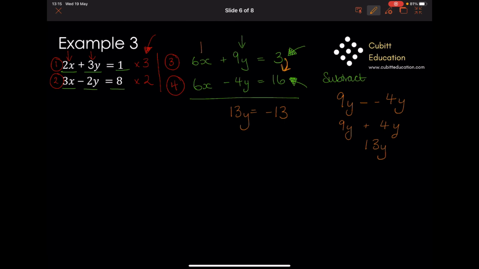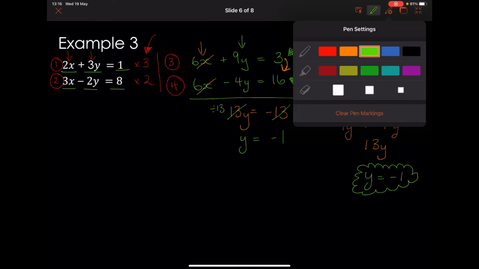Then you'd have 6 take away 6, which just becomes eliminated. So we now have 13y equals minus 13. All we have to do is divide by 13 to give you your answer. So y equals minus 1.